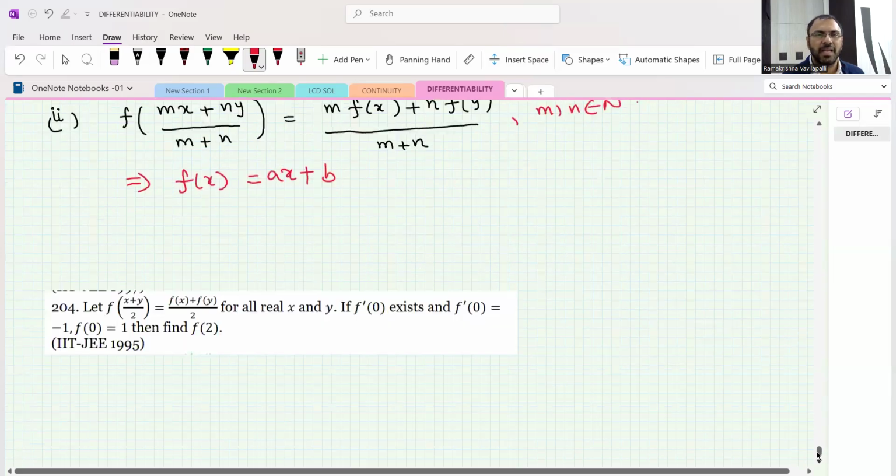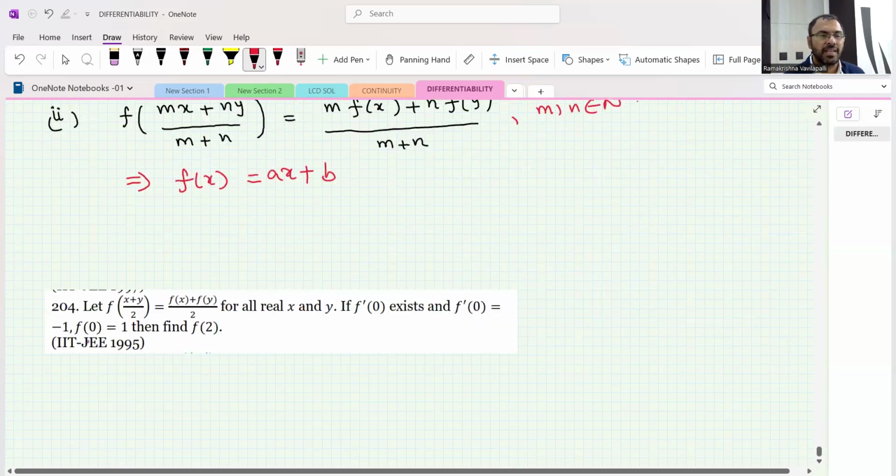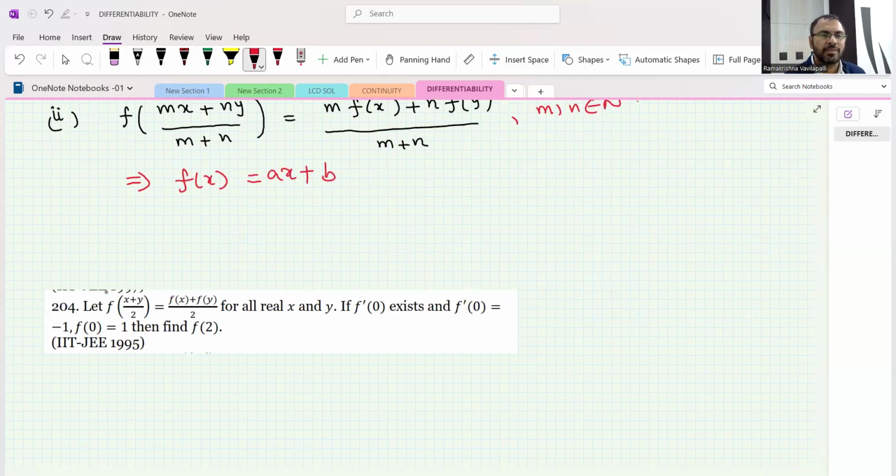Well, here is a question from a previous JEE. Given that f of x plus y by 2 is equal to f of x plus f of y whole by 2, immediately take f of x equal to ax plus b. Do not hesitate. You have to catch it immediately.